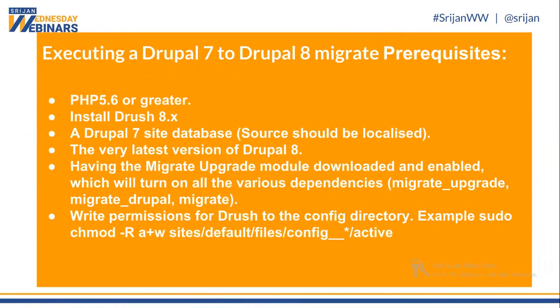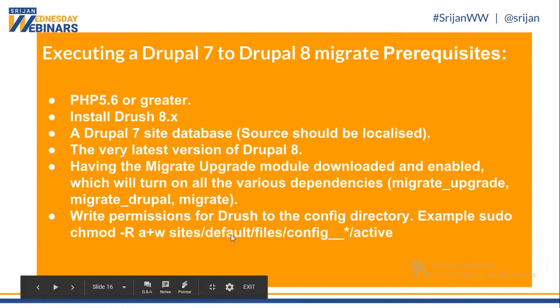These two modules, migrate_drupal and migrate, automatically get enabled. And the last one is write permissions for Drush to the config directory. For example, this sudo command which you are seeing is for giving the right permissions to this folder.